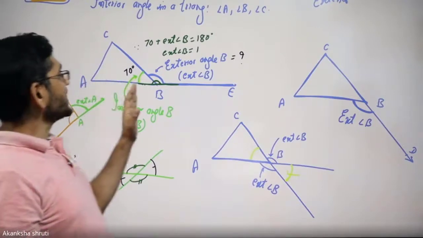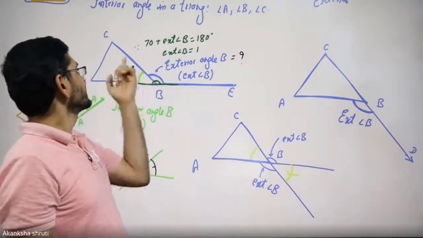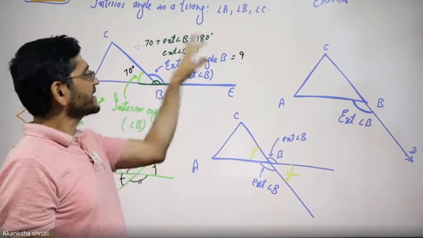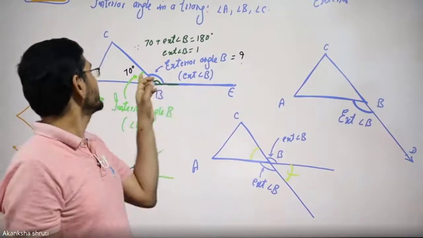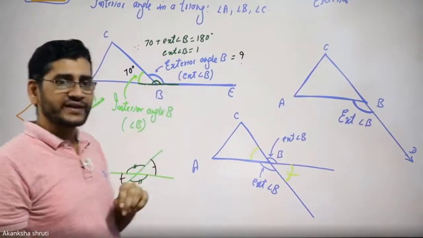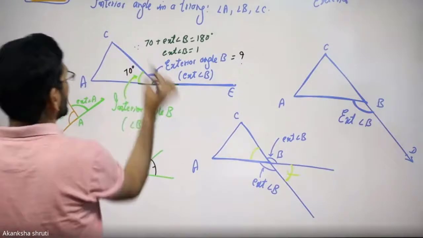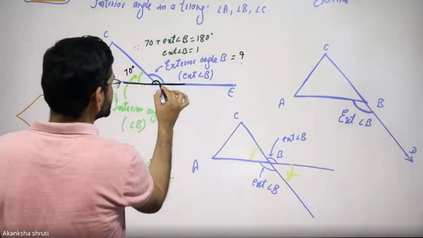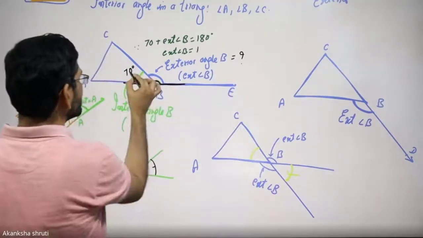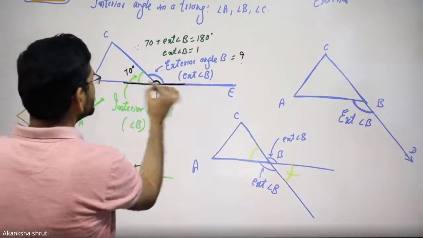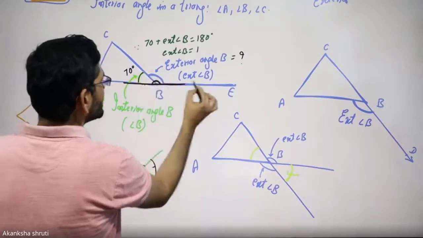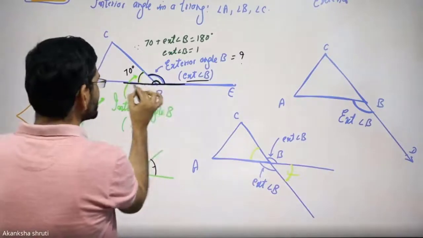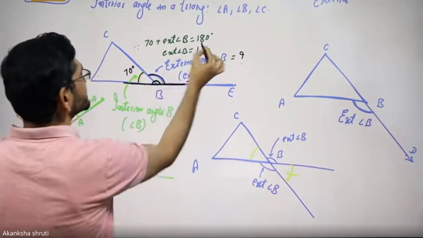For a triangle also, students, this is the internal angle. Let me consider this internal angle as 70 degrees. Then external angle B can be calculated very easily. How? Because this is acting as a straight line, this angle is 180 degrees. It simply means this internal angle plus this external angle B will become a straight angle, which is 180 degrees.